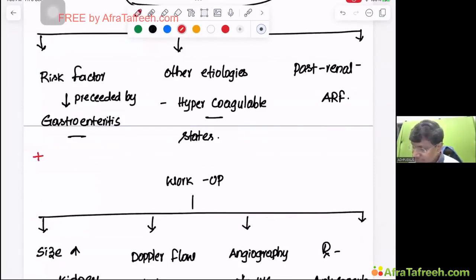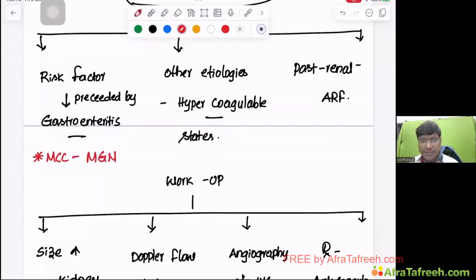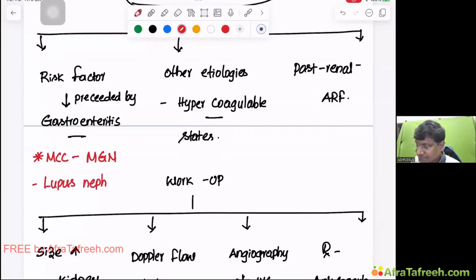But if the question is asked, most common cause of renal vein thrombosis, that will be membranous glomerulonephritis. And apart from that, the other renal pathologies will be lupus nephritis and amyloidosis.